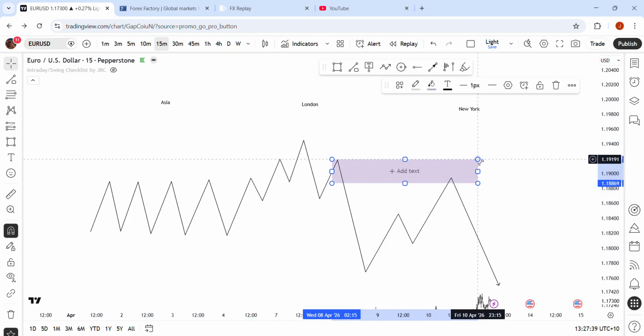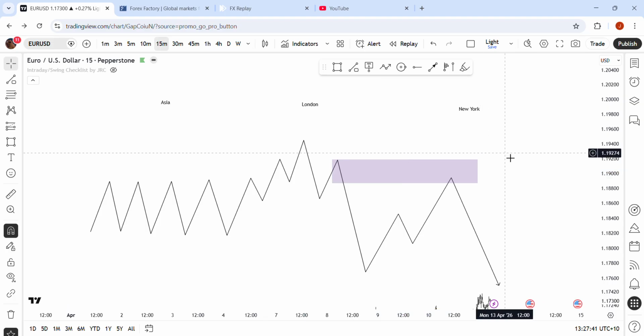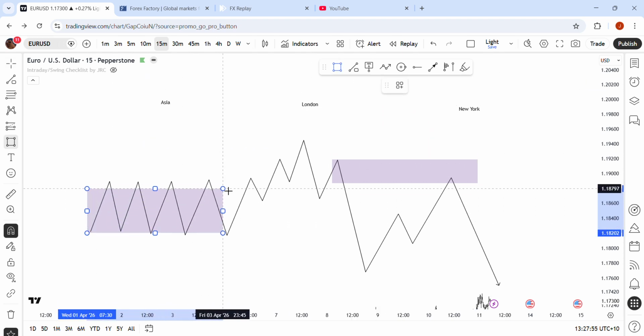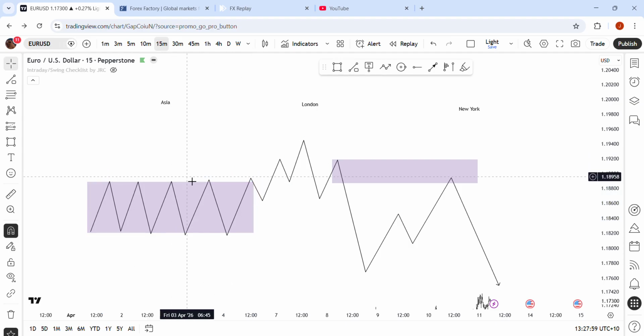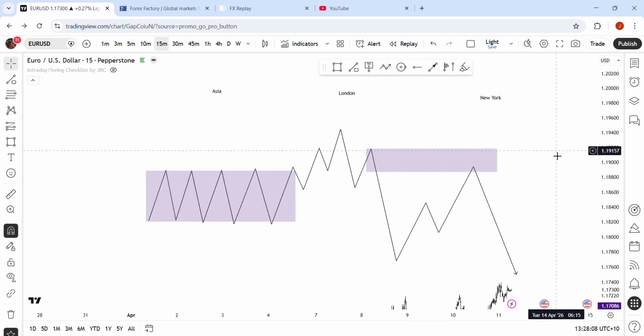So depending on what type of trader and which country you live in, the London or New York session has the highest volatility, and that's the sessions you probably most likely want to trade, because as I mentioned, the Asia session is mainly just consolidating, and there's stop losses and liquidity above Asia high and below Asia low. So those are the three different types of sessions.